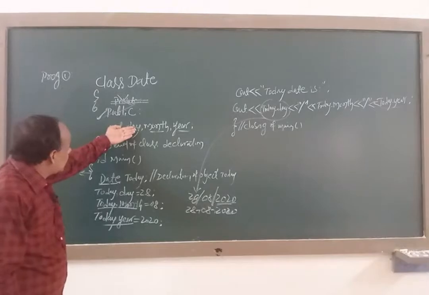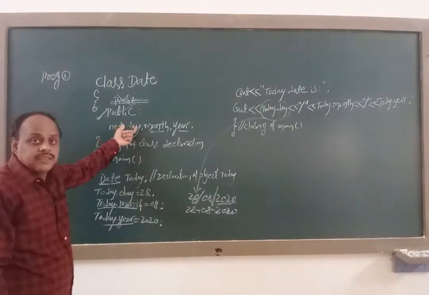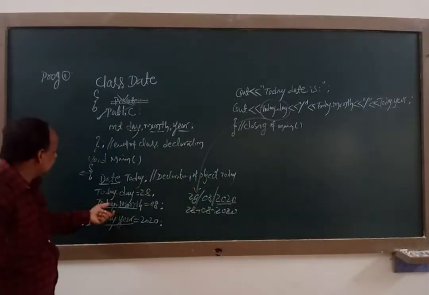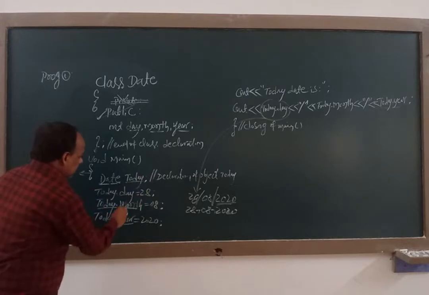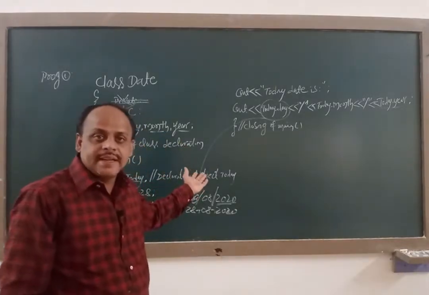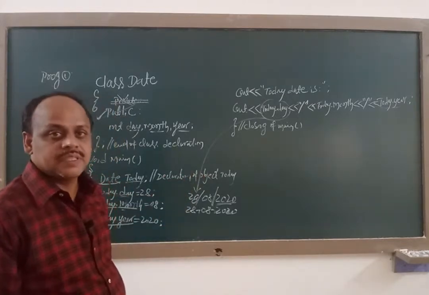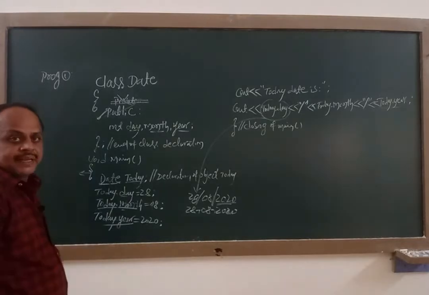So now these are possible. Now it is possible to access these data members outside the class. Means in the main function we are using day, month, year, right? So to access data members outside the class, we have to write the access specifier as public.